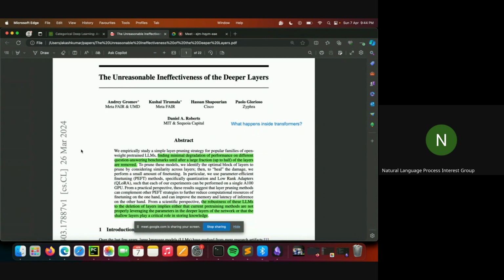So this paper is interesting because not only can we remove so many layers and still get good performance from these models, but it also gives us an idea of what exactly is happening inside the transformer architecture.